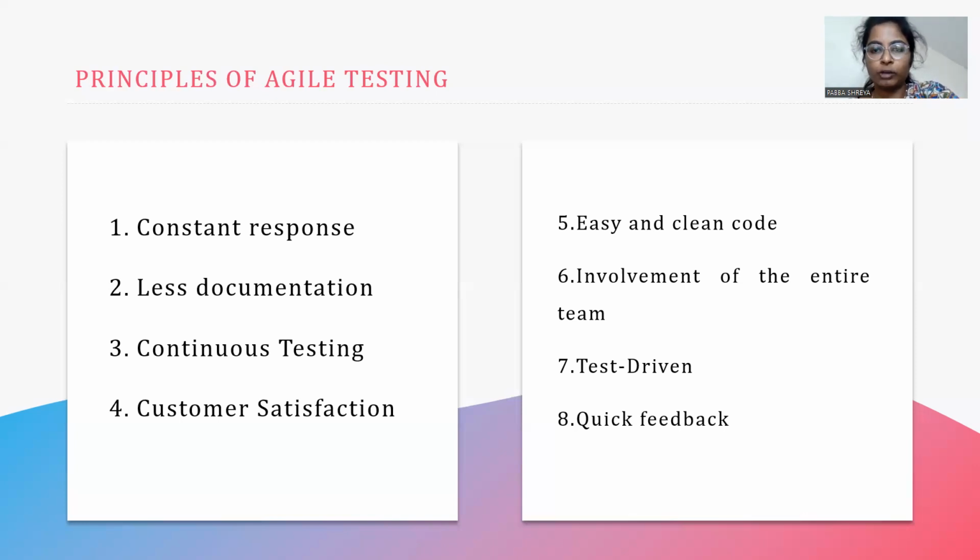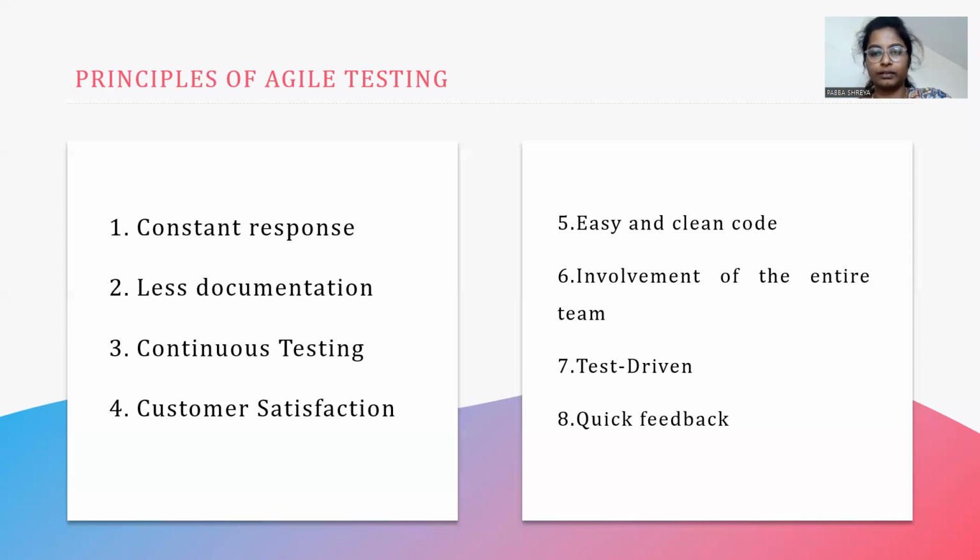Next is involvement of the entire team. As we know, the testing team is the only team responsible for the testing processes in the software development lifecycle. But on the other hand, in agile testing, the business analysts and the developers can also test the application of the software.